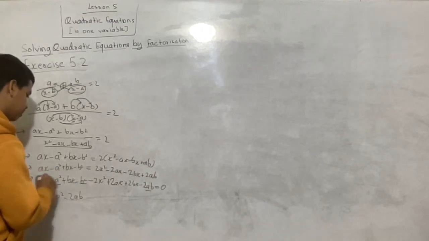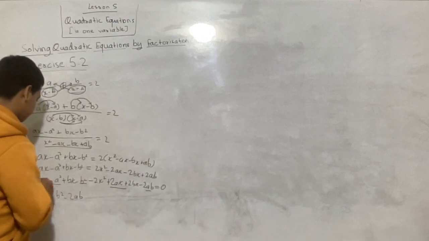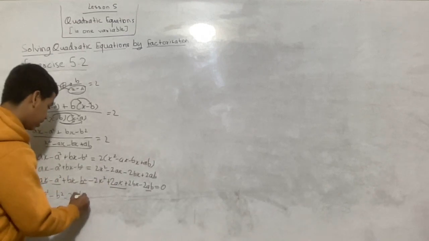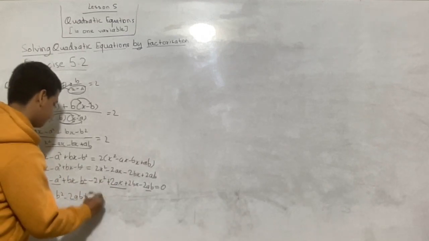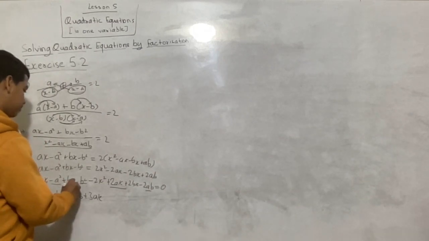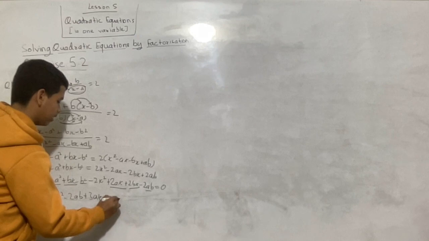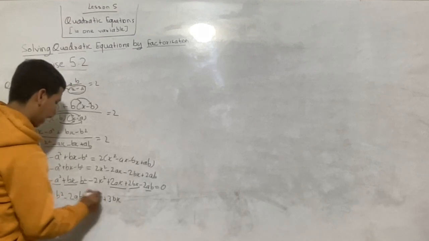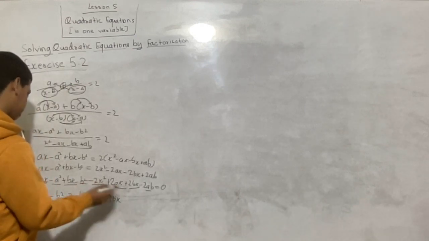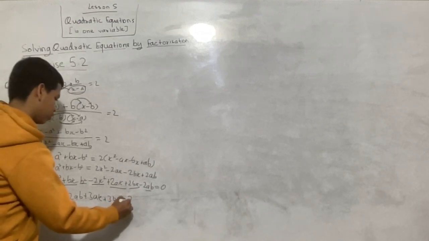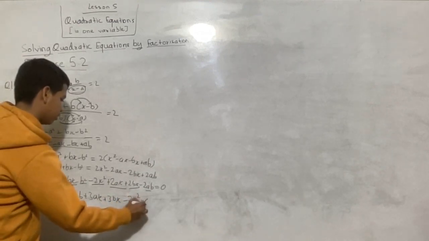So ax, there is one more ax, 2ax. Ax plus 2ax gives you 3ax, and here bx plus 2bx gives you 3bx, and then after that minus 2x square will remain as it is, minus 2x square is equal to 0.